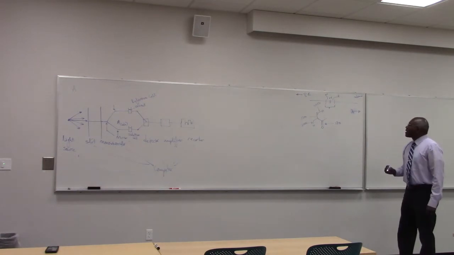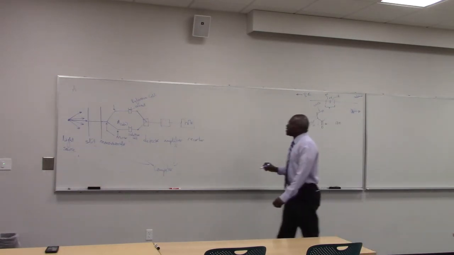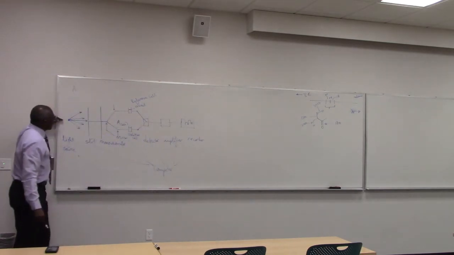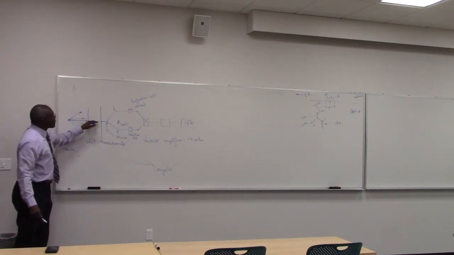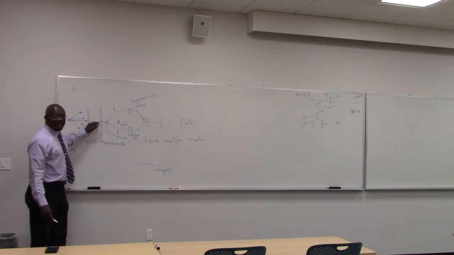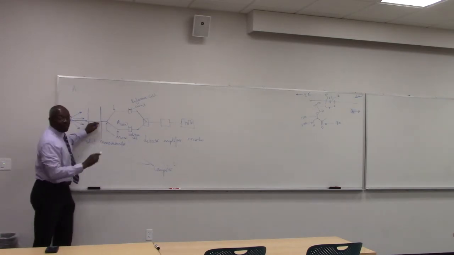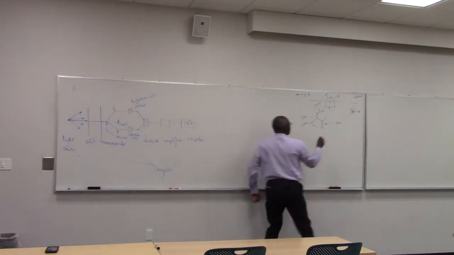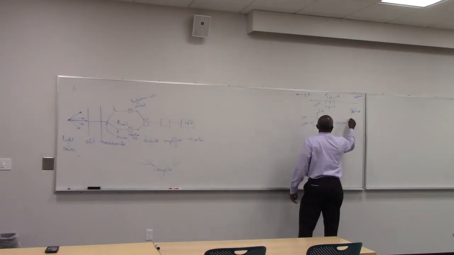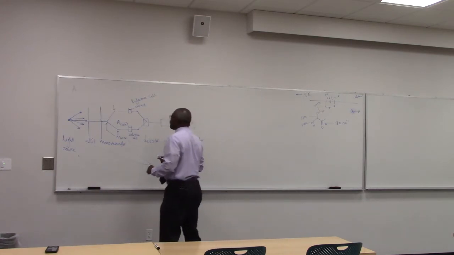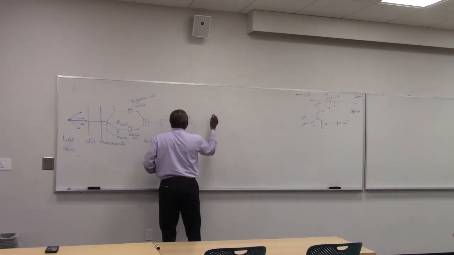Okay? So let's imagine that I have my light, goes through my slit, and I start selecting light at, say, 4000 wave numbers. So these are all wave numbers. So I'm analyzing this compound, and I start selecting light at 4000 wave numbers.